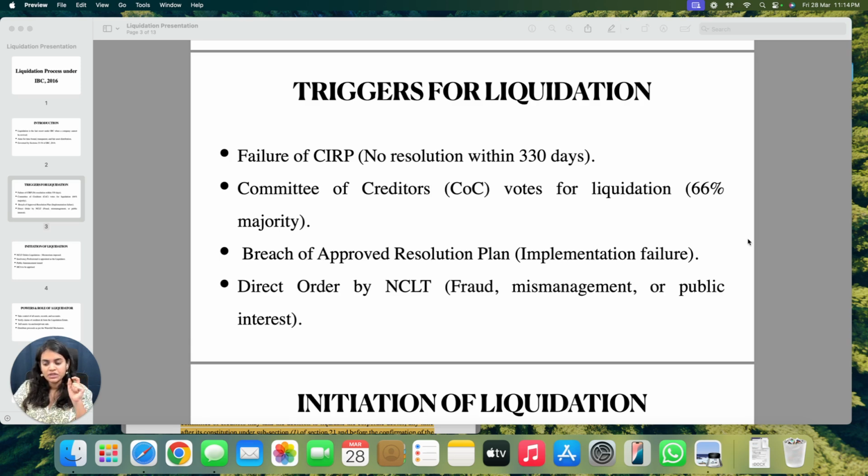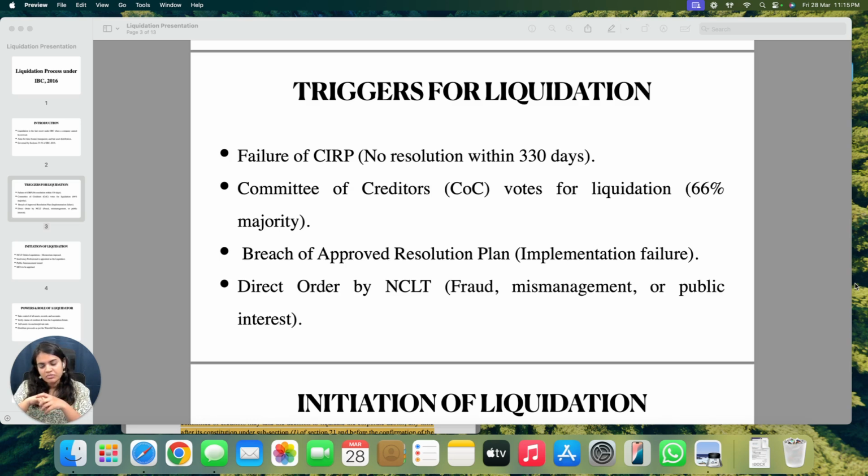And 39D provides for the sale of a corporate debtor as a going concern under a liquidation. So as you are going to see in the subsequent portions of this liquidation process, liquidation of an entity can be done in multiple ways.